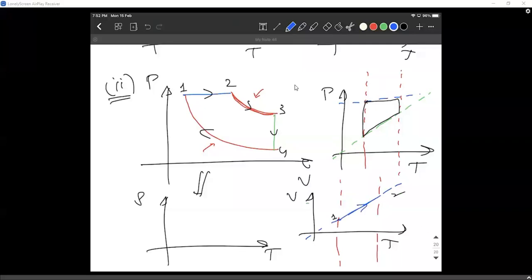And then temperature is constant, but volume has increased. In this part 2 to 3, temperature is constant, but pressure is decreased, volume is increased. So since the volume is increased, I'll go up, and then constant volume, so volume constant, and then again temperature decreased.